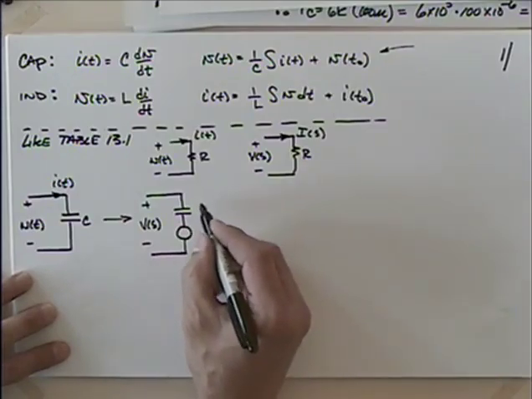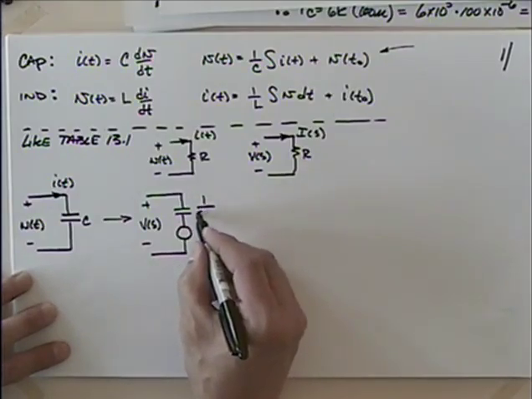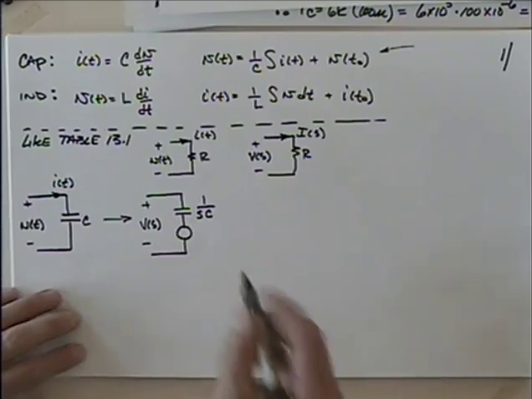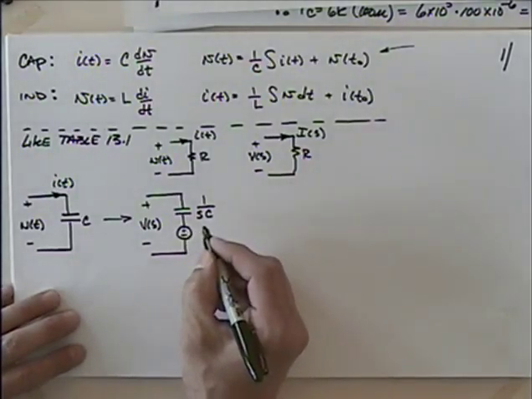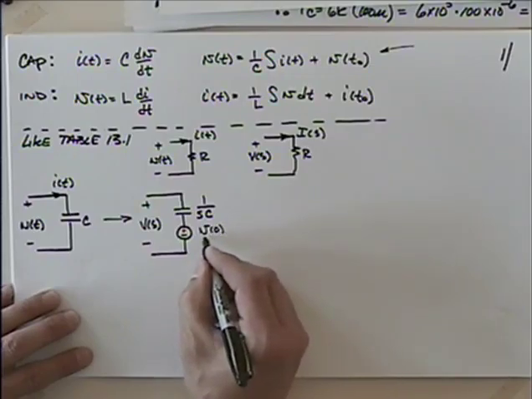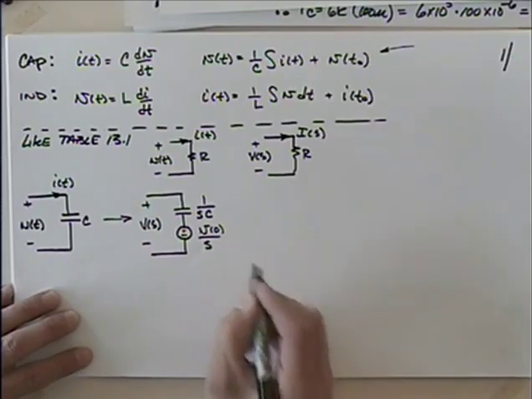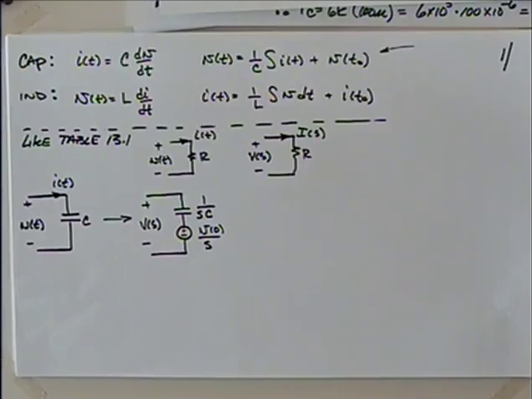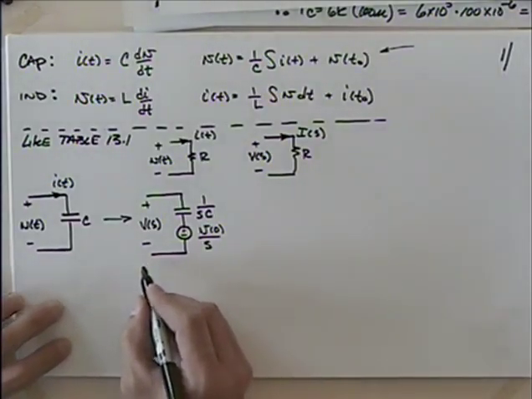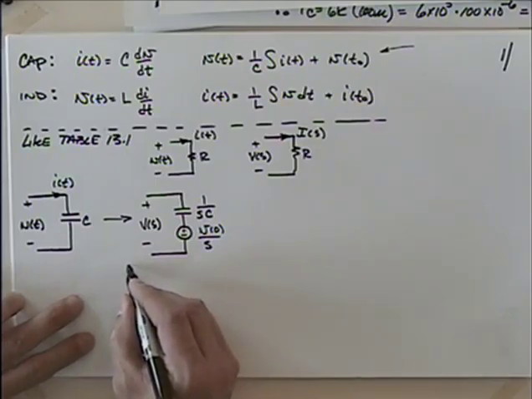This capacitor takes on the value of 1 over SC. Okay, because remember we're representing this in the S domain now, not the time domain. And if we look at this voltage source, this is the initial voltage, V at t equals 0, divided by S. Okay. And I could say, if I wanted to, that I could just sum this up.